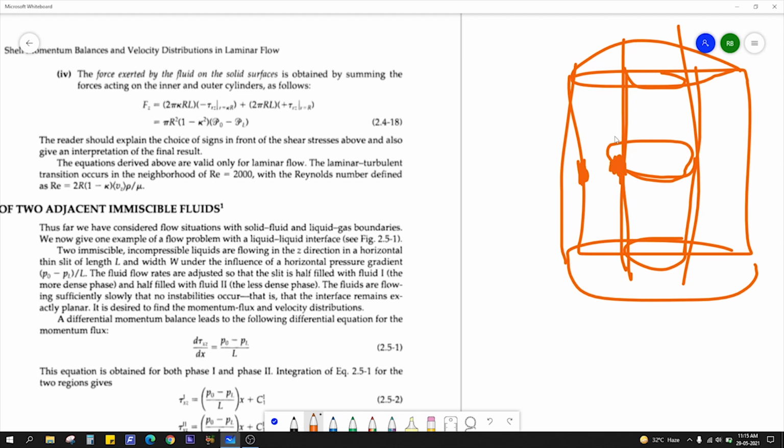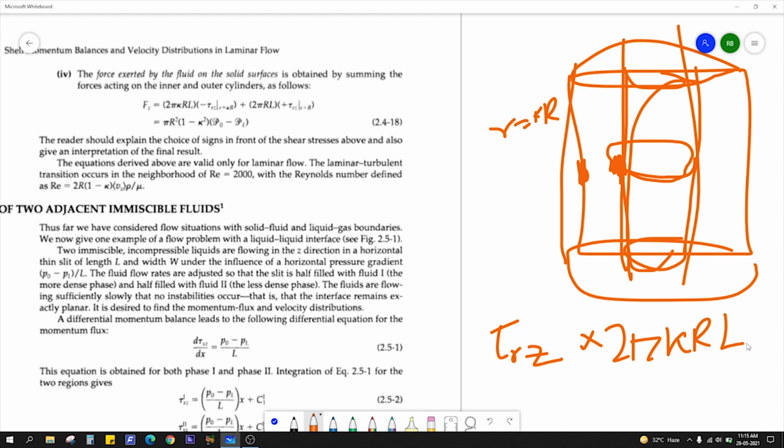For the inner wall, r is equal to kappa r. What will be the force? Tau rz into the curved area of this inner wall. What is that? 2 pi rL, so 2 pi kappa r into L. And tau rz is calculated at r is equal to kappa r.